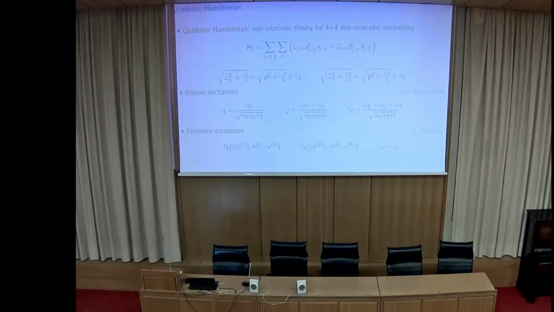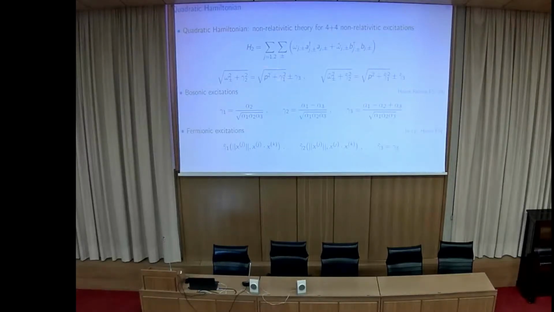So here I will focus on the elliptic deformation. In that case, by doing this light-cone gauge fixing procedure, at the quadratic level one lands on a non-relativistic theory for 8 excitations, 4 of them coming from bosonic excitations and 4 of them fermionic excitations.